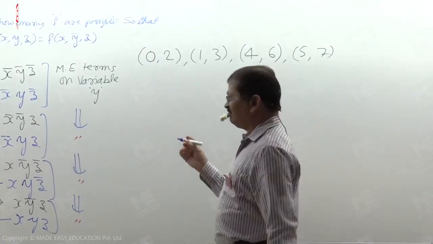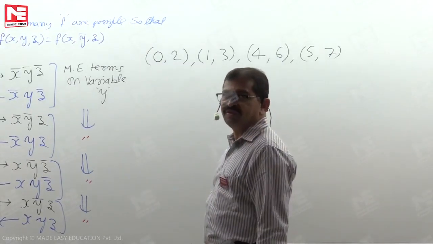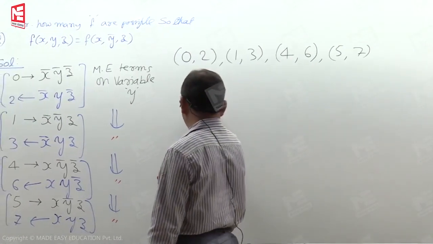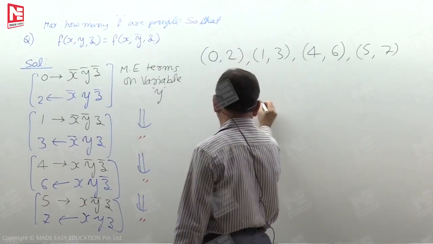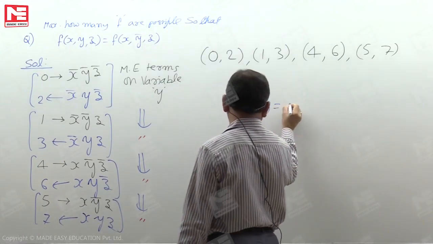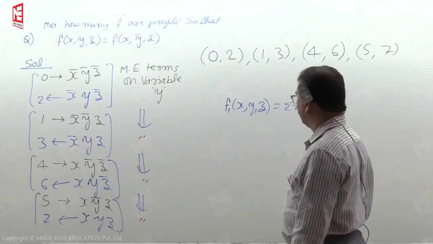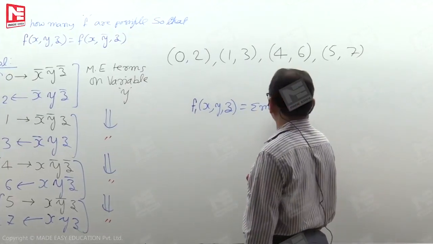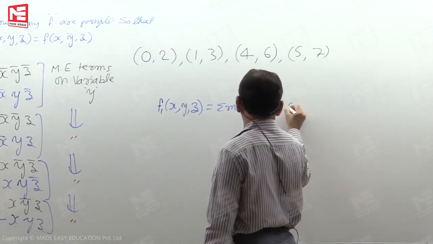Now let us try a few functions to satisfy the condition we need. Suppose I have a function f1 on the variables x, y, z with the minterms 0, 2, 4, 6.